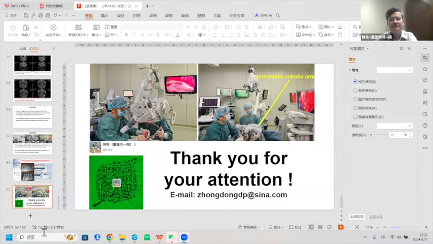I see. But how would you stop the bleeding? What technique do you use to stop the bleeding from the tumor? We put Surgicel on the bleeding point.